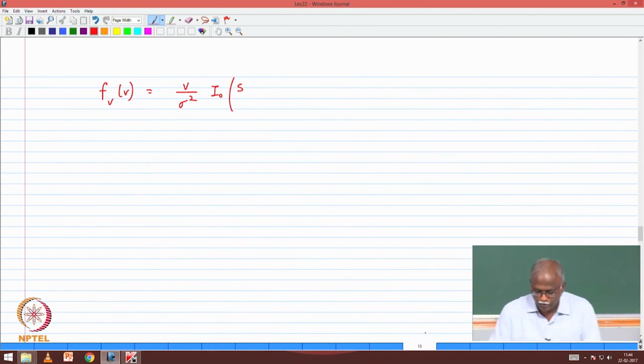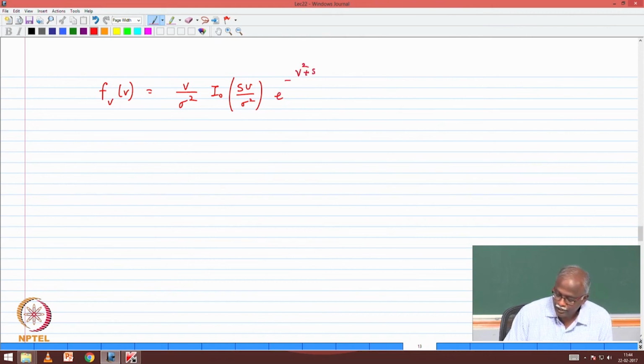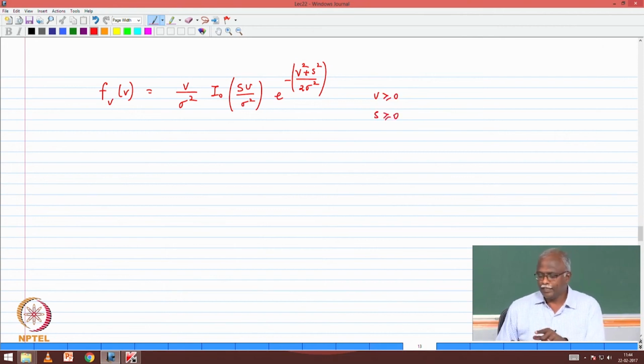So f v of v equals v by sigma squared times I naught of s v divided by sigma squared, times e to the power minus v squared plus s squared by 2 sigma squared, for v greater than or equal to 0 and s greater than or equal to 0. s squared is equal to m1 squared plus m2 squared.